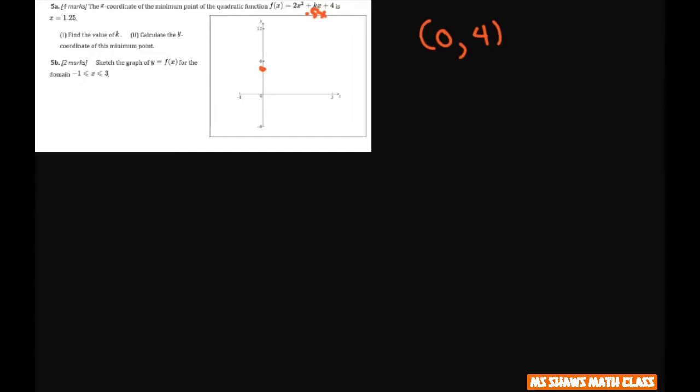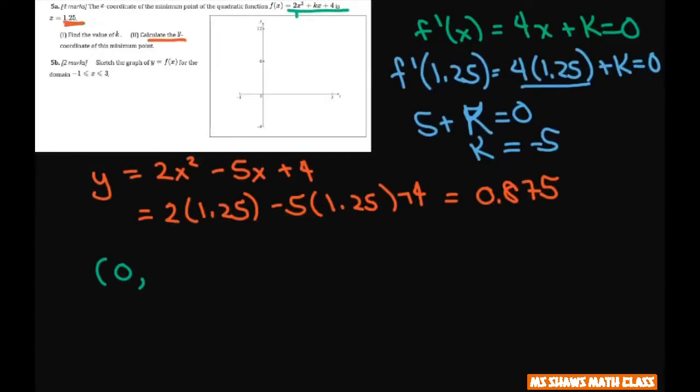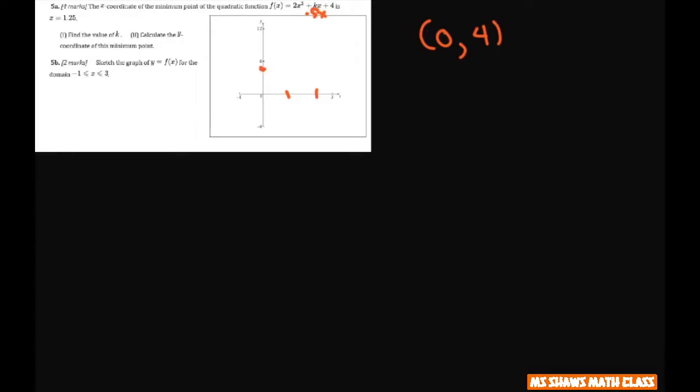We had a minimum point at x equals 1.25. So let's make this 1, 2. And it was a little less than 1 for the y value, so right about here. When you graph it, you're going to go through this point here and come back.